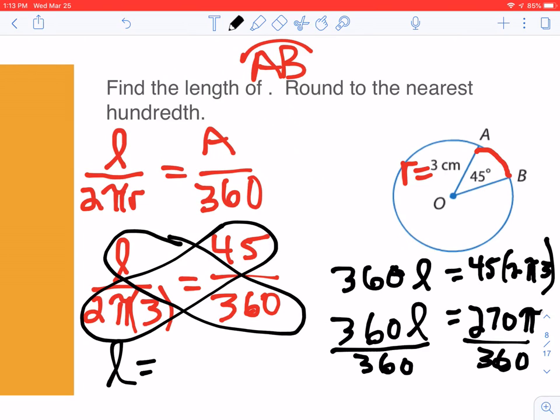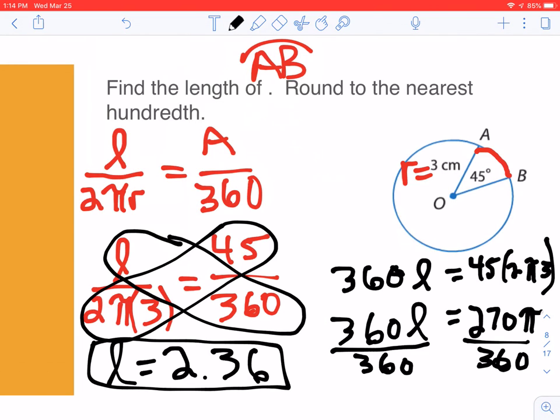So in your calculator, type in 270 times pi. Hopefully you guys are calculating at the same time. Times pi divided by 360 equals. And we're going to round it to the nearest hundredth. And I got the length to equal 2.36.